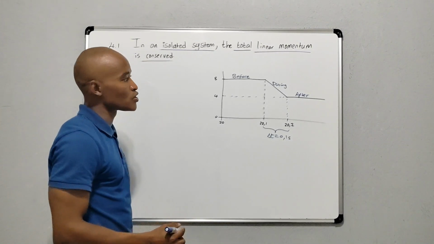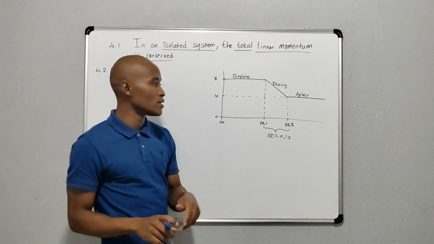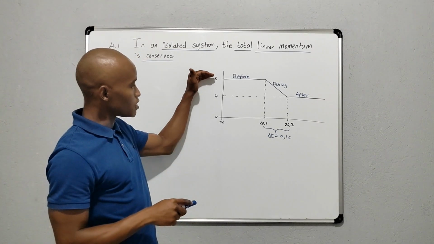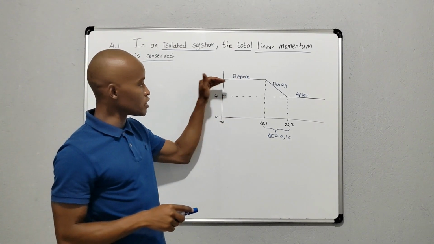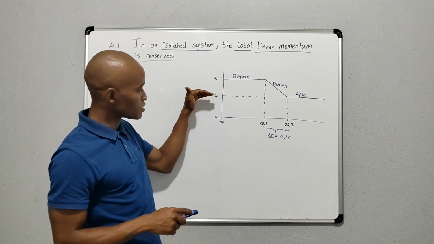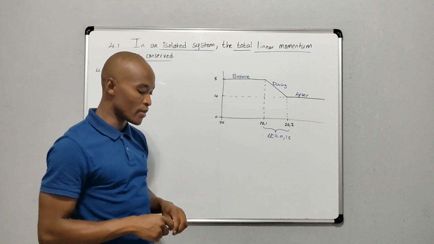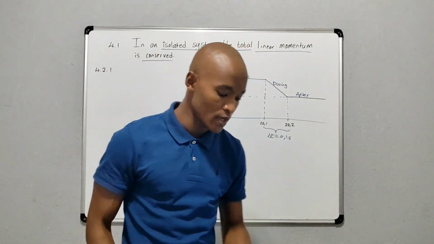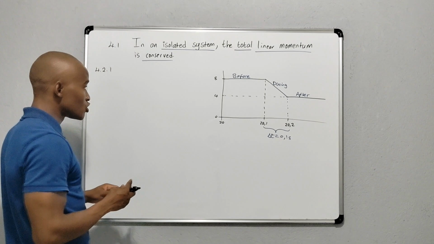So we understand the graph and the fact that velocity decreases at the point of collision from 8 meters per second, in this case by half, all the way to 4 meters per second. So what do we then need to produce?